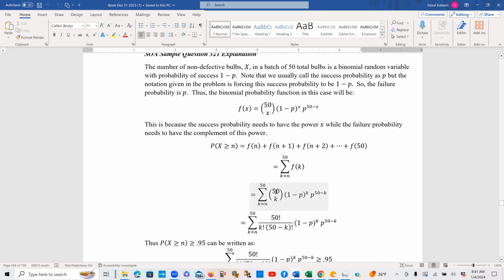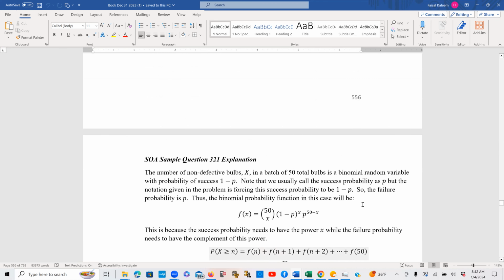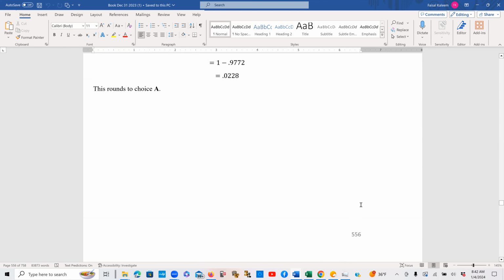And we know that nCr equals n factorial over r factorial times (n minus r) factorial. So in this case, n is 50, so it'd be 50 factorial divided by k factorial times (50 minus k) factorial. That's the basic definition of the combination nCr. We can look at the formula sheet that I provide for this set of problems.